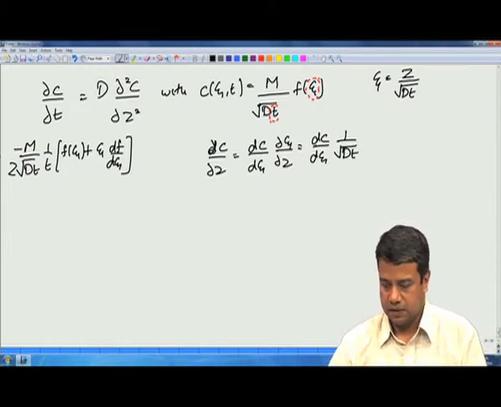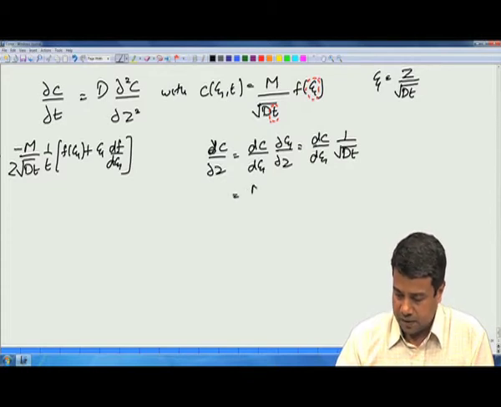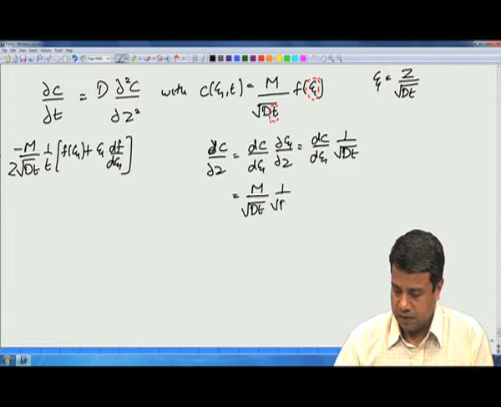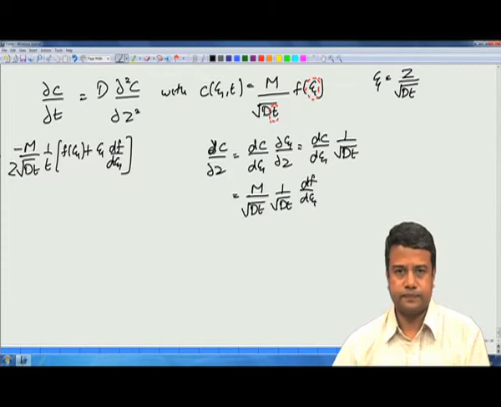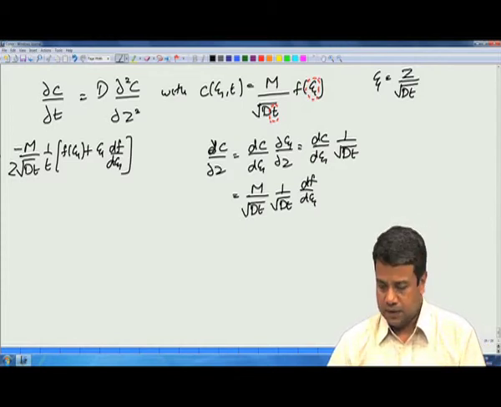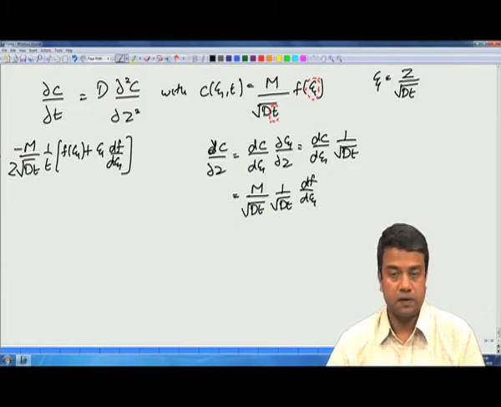So, this will be equal to m by root Dt times 1 by root Dt times df by d psi. And when I take a second derivative, I will get one more factor of 1 over root Dt.